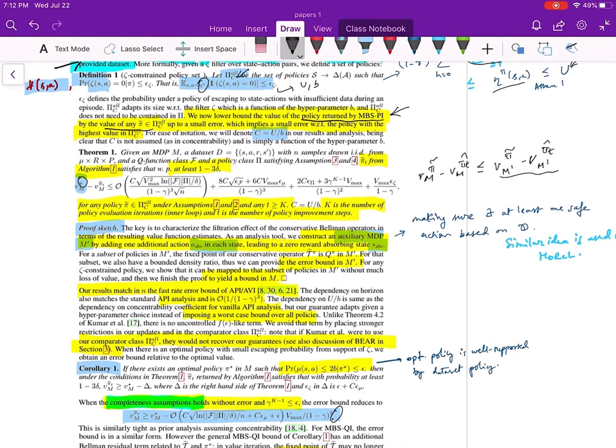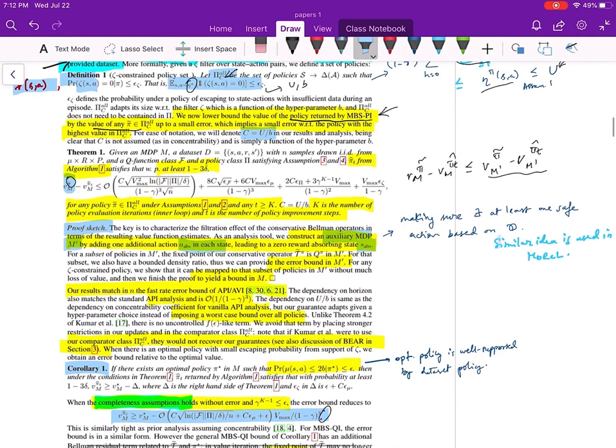So that is one of the reasons people construct these auxiliary MDPs. You could see similar ideas used in model-based work as well.